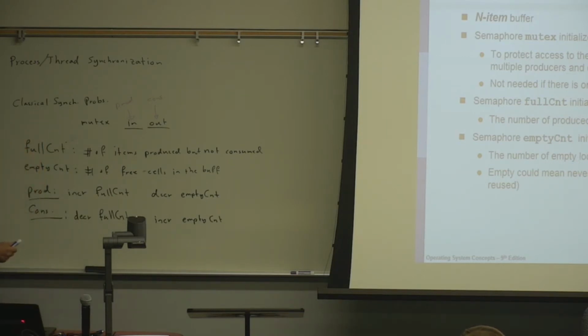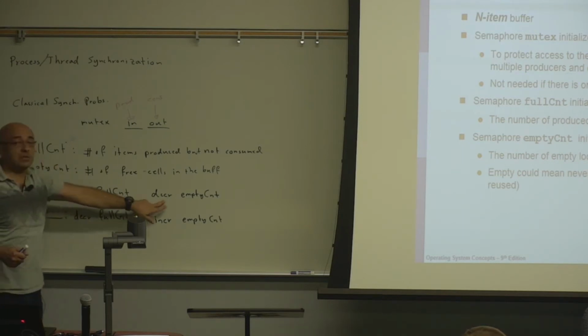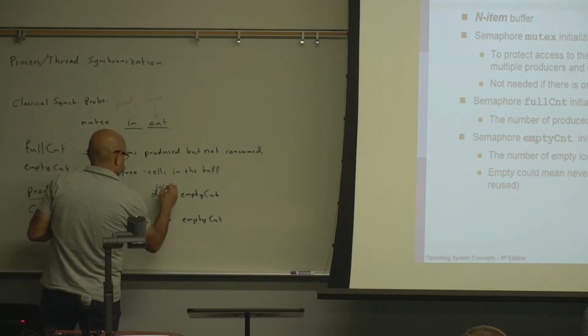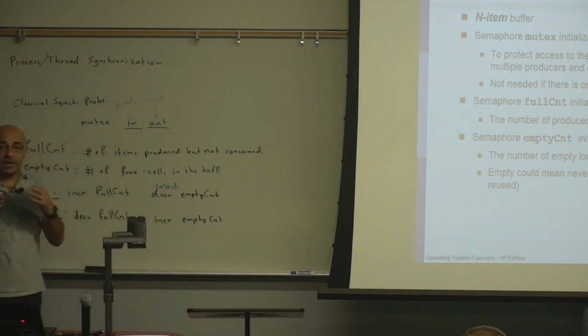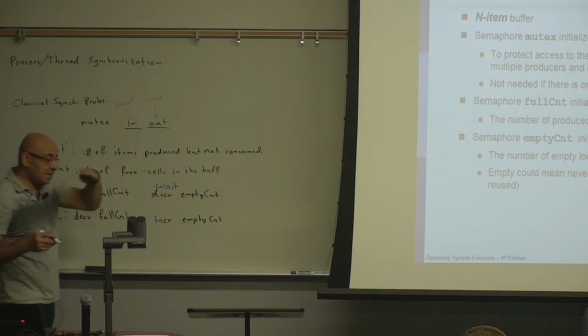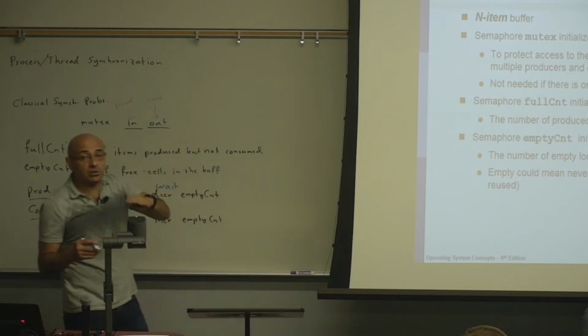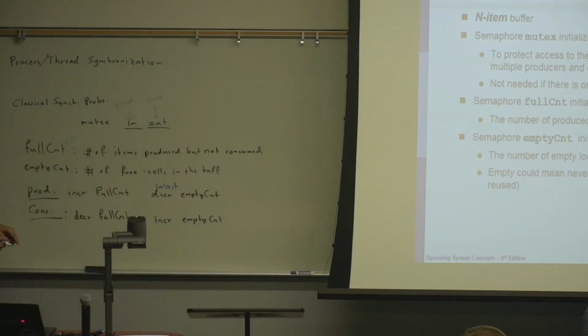Now, in terms of semaphore operations, what does decrementing correspond to? Does it correspond to a wait or a post? Wait. So this is wait. When you wait, you consume. When a process waits, it waits until an instance of the resource becomes available, then it consumes an instance, and that decrements the value of the semaphore.